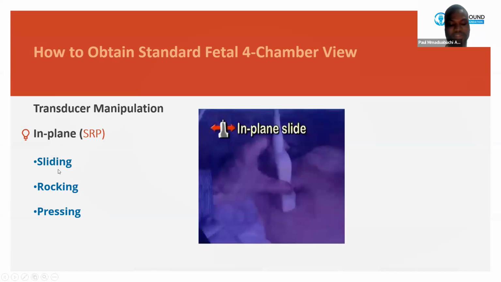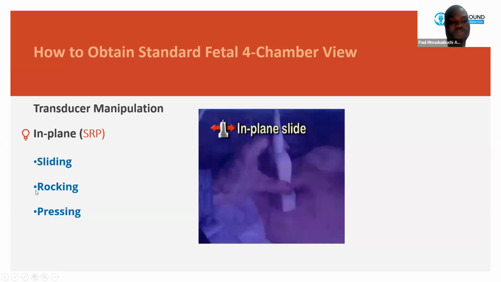So the sliding, this is what you use to move the thorax to the center of the scan plane. And the rocking is from side to side laterally. This can help you to produce a better image by avoiding shadow or by rotating the thorax to an improved orientation.